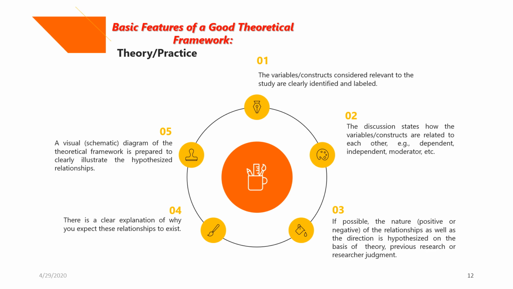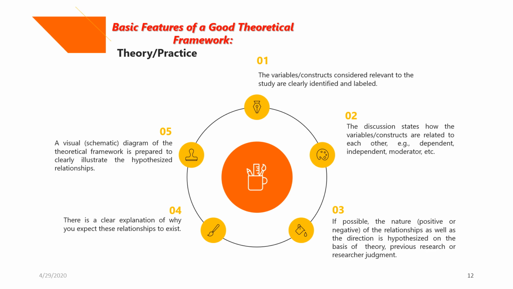Here I would like to highlight the basic features of a good theoretical framework. Number one, the variables or constructs considered relevant to the study must be clearly labeled and identified. Number two, the discussion states how the variables are related to each other, covering the four types of variable: dependent, independent, moderating, and mediating, if any.